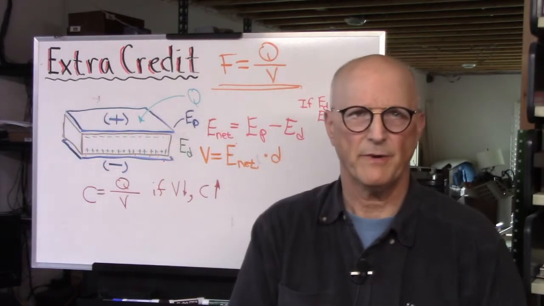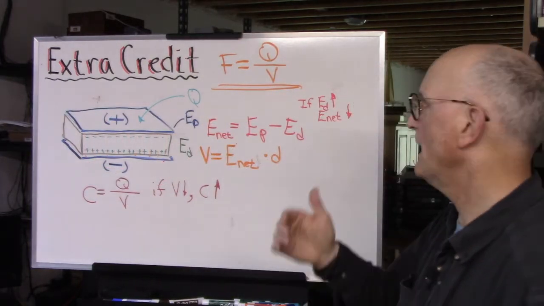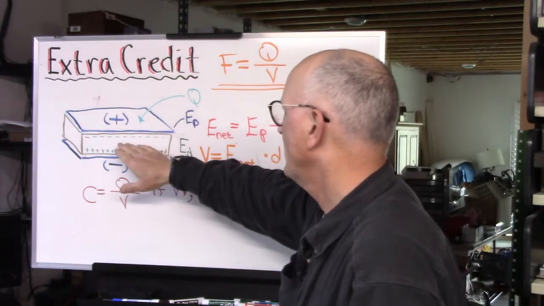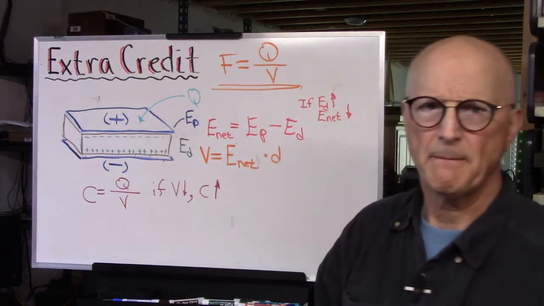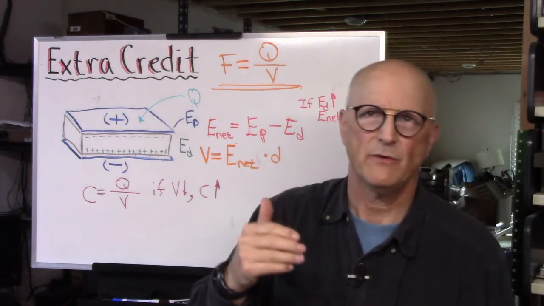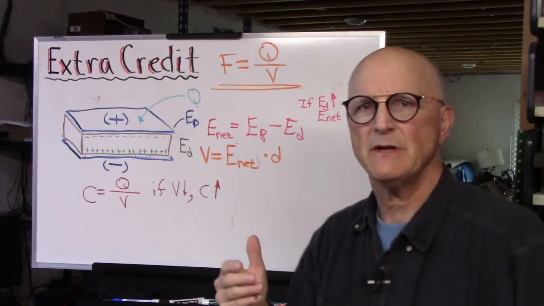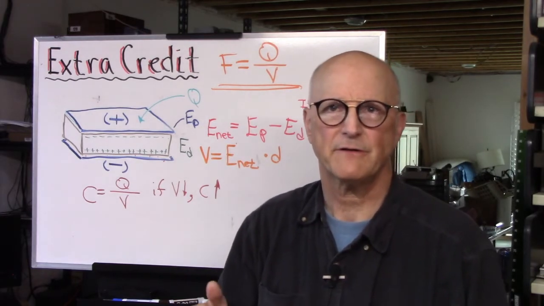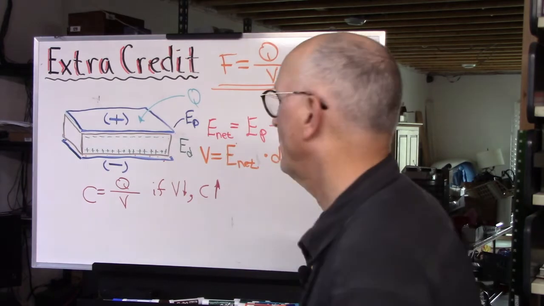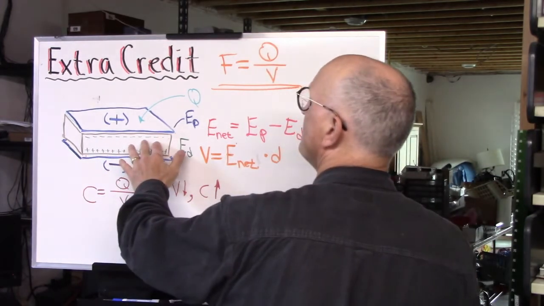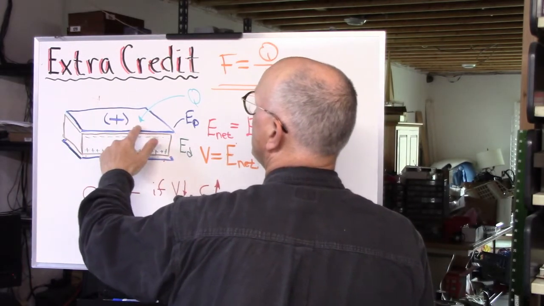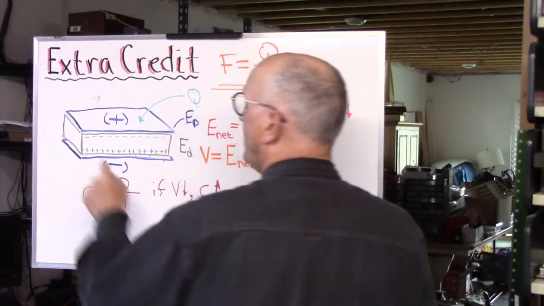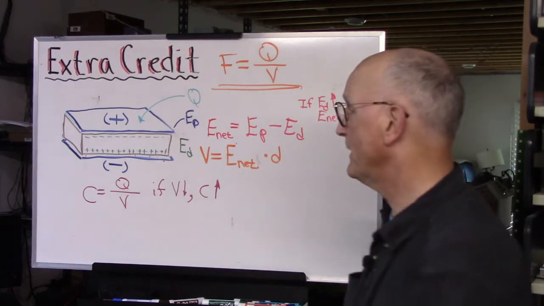Okay, so let's talk about what happens with the dielectric here. Well, remember the dielectric constant speaks about how easily the material is polarized in the presence of an electric field. So when we stick our dielectric in here, we have, let's say in this case, a positive charge on this conductive plate and a negative charge on this conductive plate.